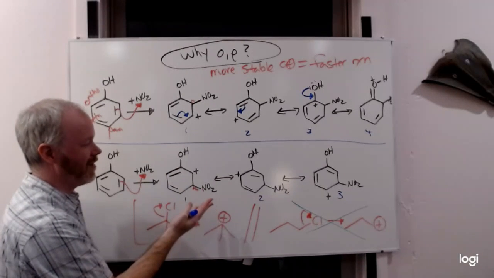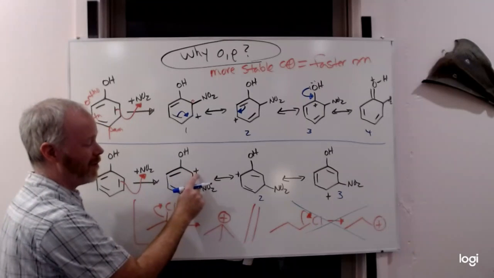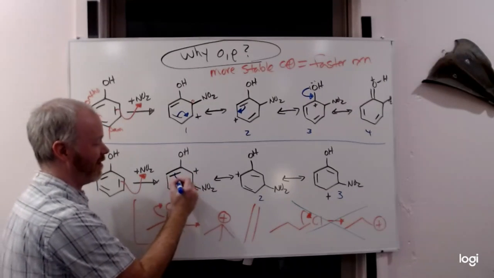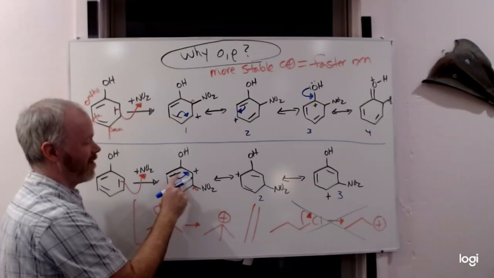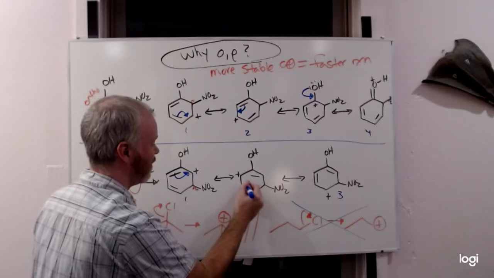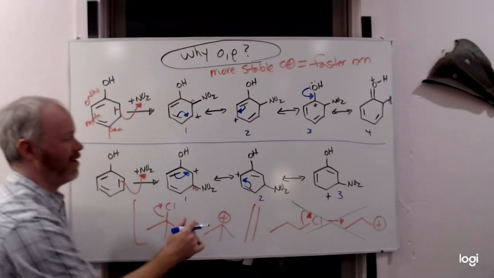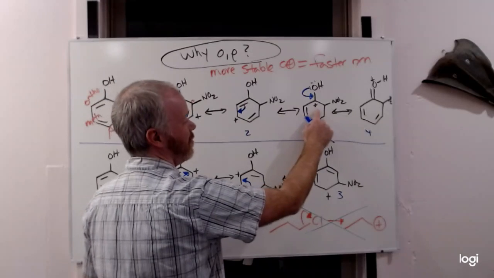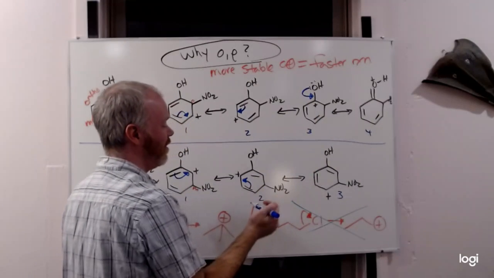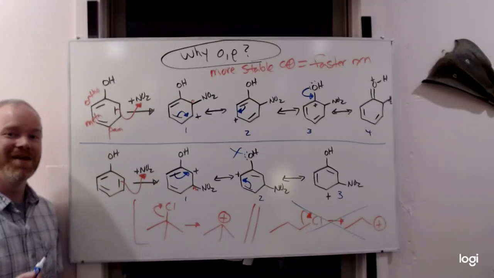Doesn't look like any big deal, but if I'm right here with my positive charge at meta, I'm moving these electrons over, my positive charge moves over here. I can move it again, but I never get to this spot here where the positive charge is near the alcohol. These lone pairs of electrons can't really get involved in the resonance.